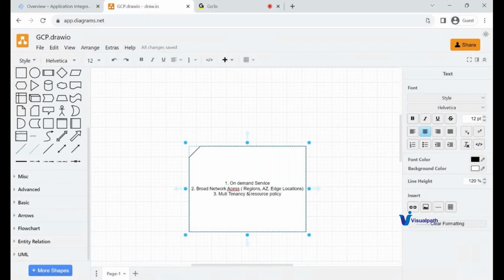Think about one thing, right? When you talk about a VM running in cloud, in the console you just do some button clicks and set up a VM.